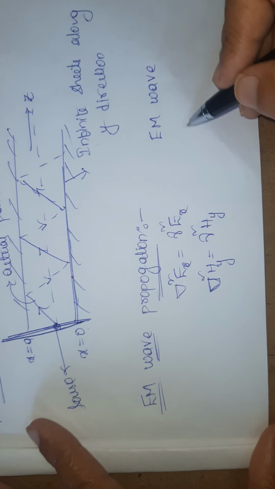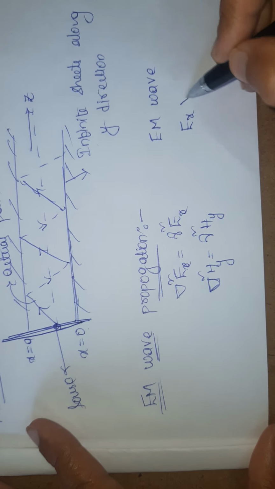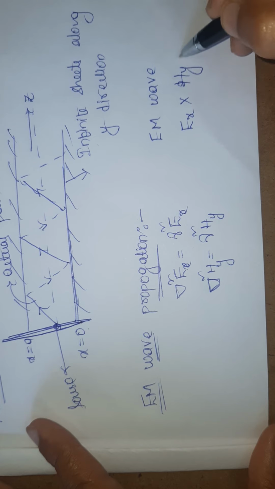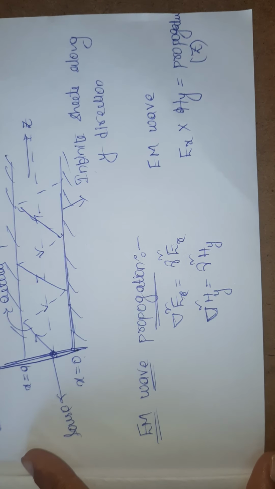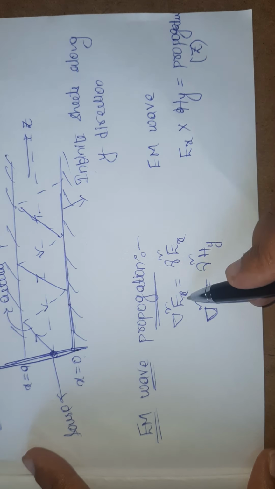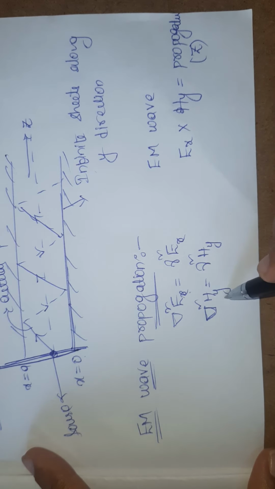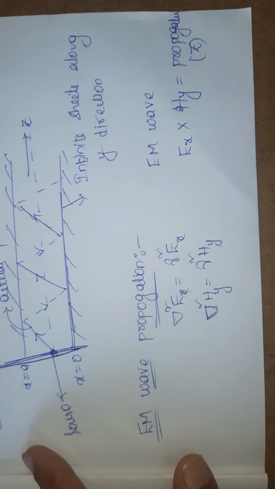The basic transverse nature is electric field along x direction, magnetic field along y direction, and the wave is propagating along z direction. So that's why I am adding the suffixes x and y like this. Those harmonic space equations we already discussed in the last session.